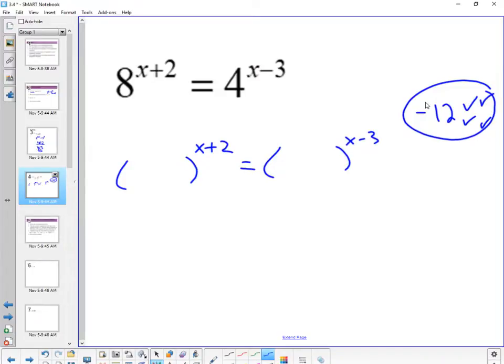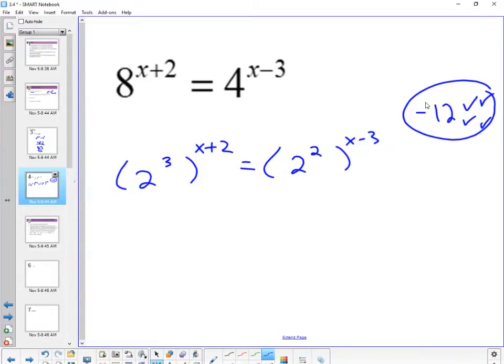I'm just removing the bases and putting parentheses there. Because I'm thinking to myself, is there a way for me to express both 8 and 4 to have the same base? 2. It would be 2, wouldn't it? Yeah. So how would I express 8 with a base of 2? 2 times 2 times 2, so it'd be 2 to the 3rd, right? Yep. And then how would I express 4? 2 squared.